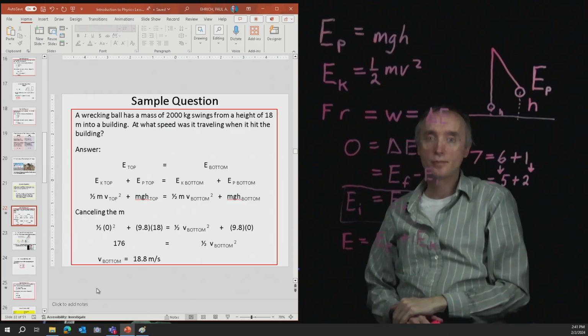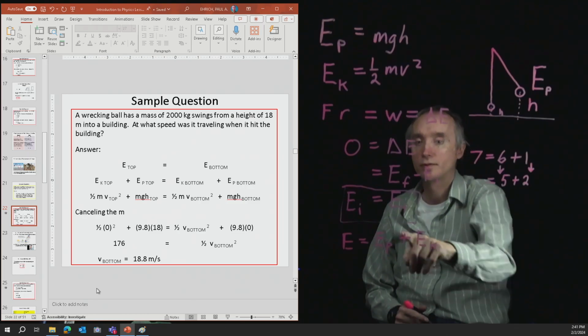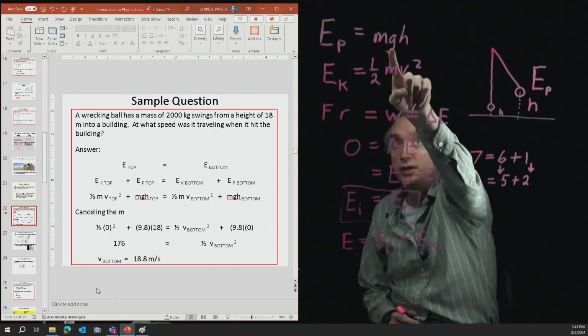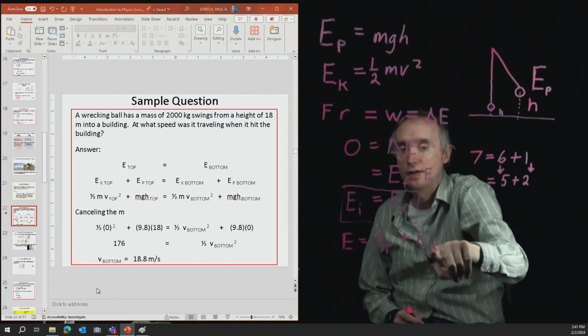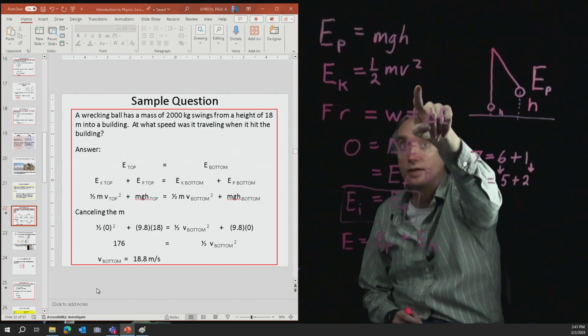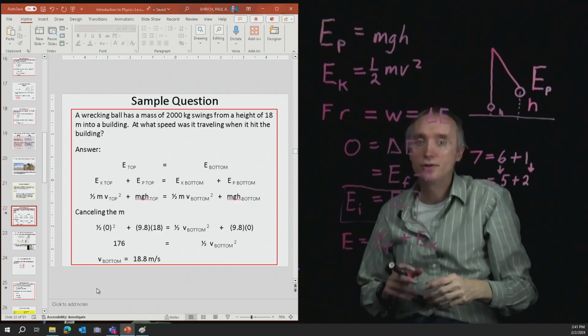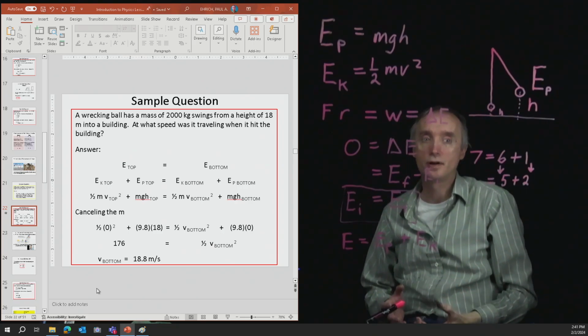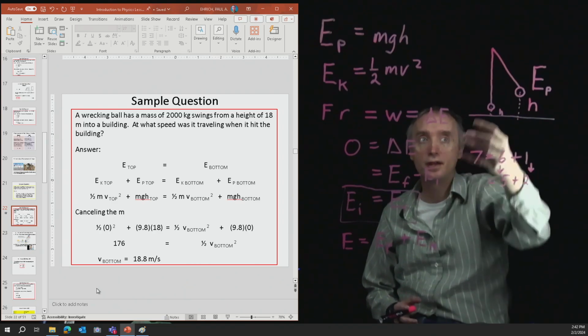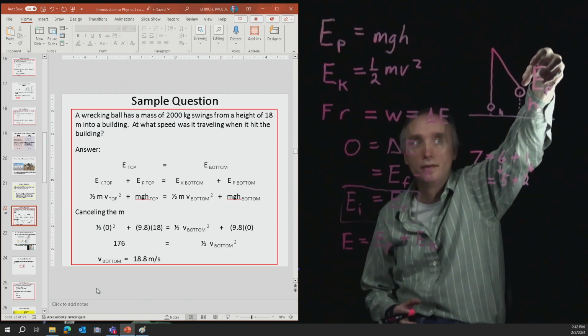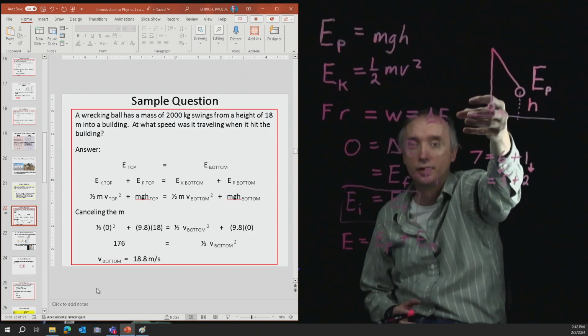So then the next step is, well, what is potential energy? mgh. What is kinetic energy? It's going to be this. But do you notice I put a lot of subscripts on it? So I talked about the energy when it's at the top, and then the energy when it's at the bottom.